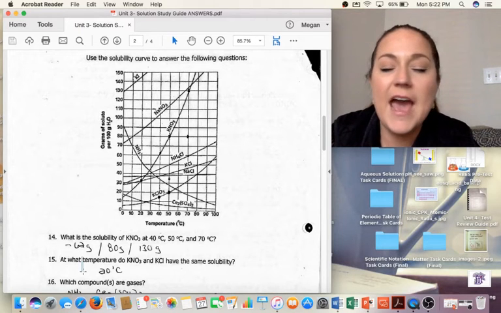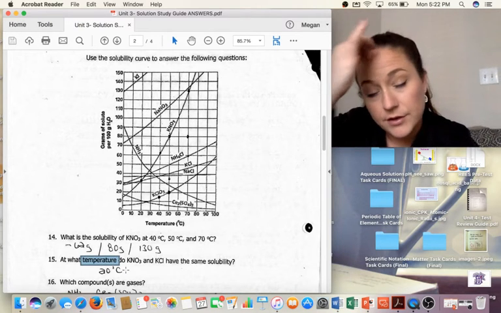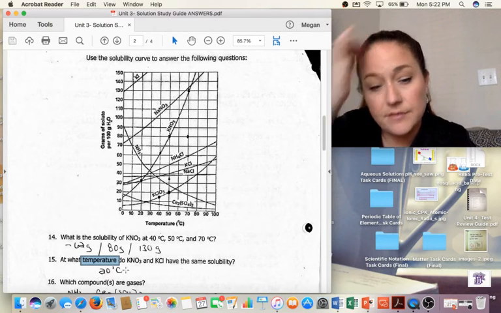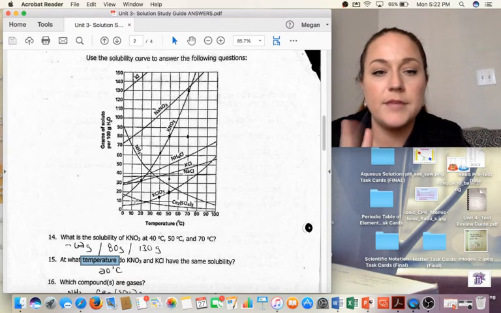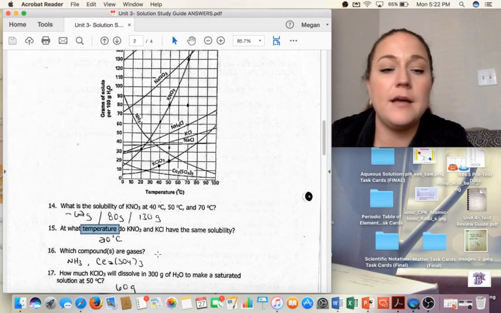Remember that it didn't ask for the grams, it asked for the temperature. So make sure that you have that correct on your sheet, because I know some of you swap that in your head.